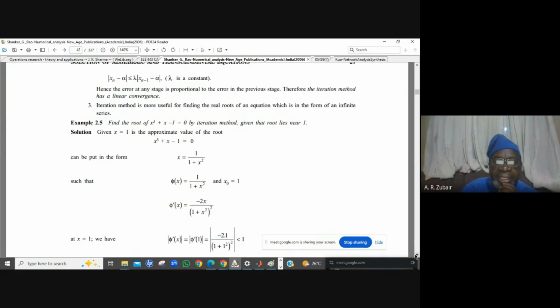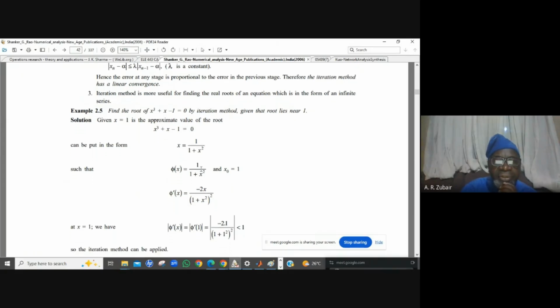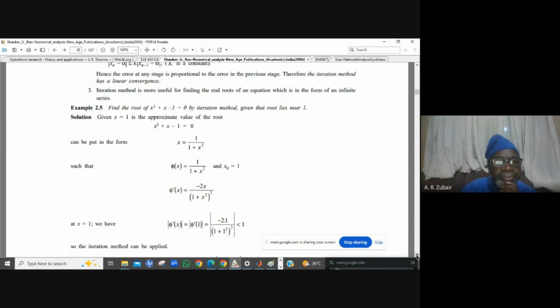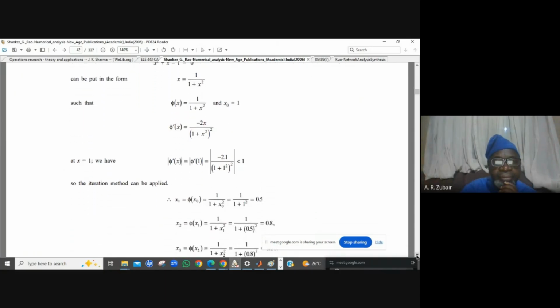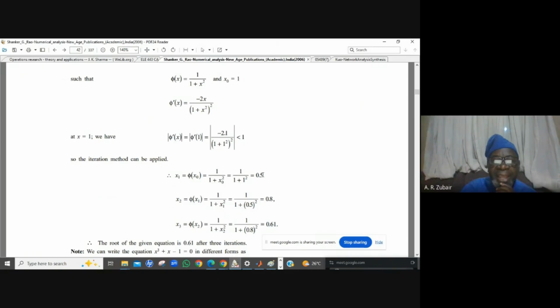This will be 1 over 2, that will be 0.5. So x naught is the guess value. We do the first iteration. We substitute x naught equals 1, and we get 0.5.